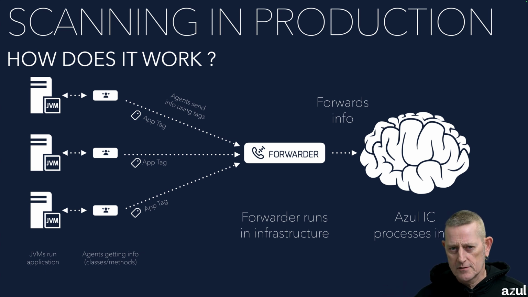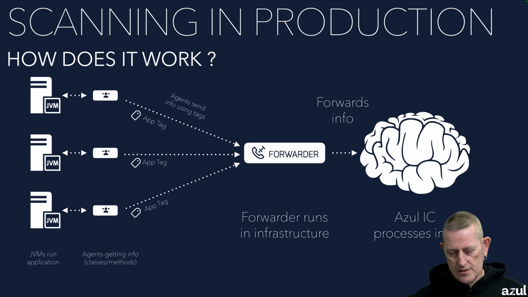Why is that important? Well, these days you have setups with microservices in clusters, so you have lots of nodes running the same application. But if you would like to scan them all, it's a little bit tricky to do that in production. If you use this approach, then we can tag each of these microservices that has exactly the same application running with a tag like my application.